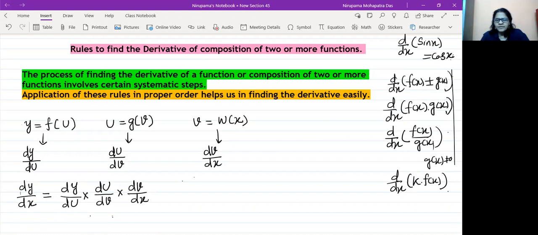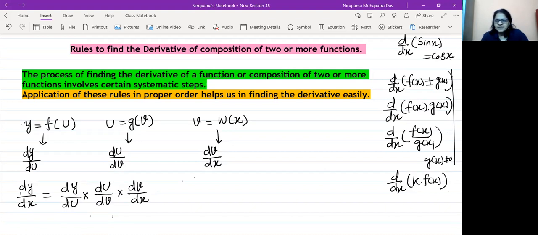So whenever we differentiate a function of x with respect to x, we apply the formula directly. It means all the standard formulas are applicable whenever we differentiate simple functions directly.